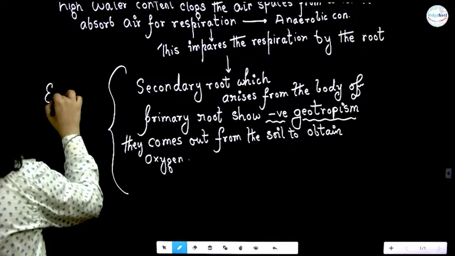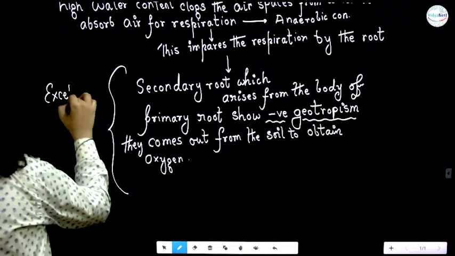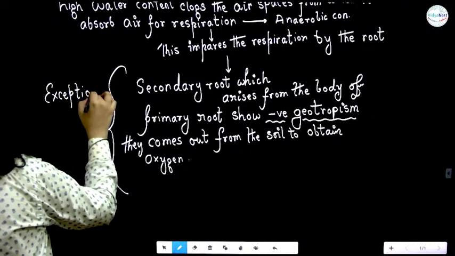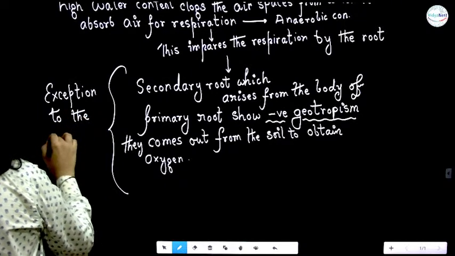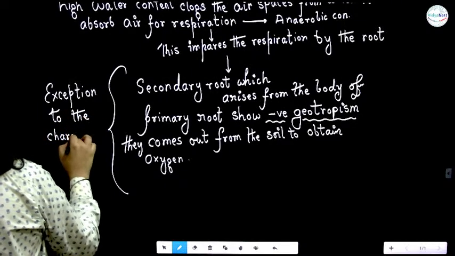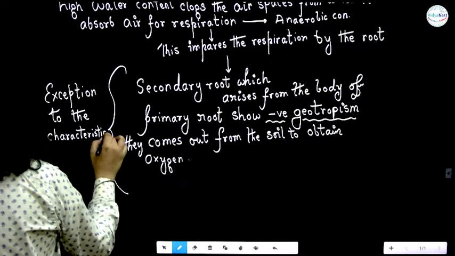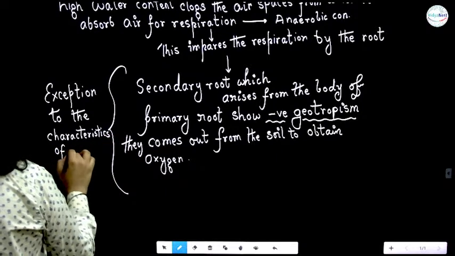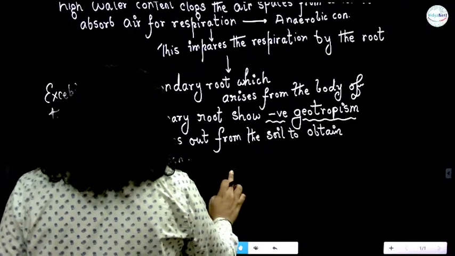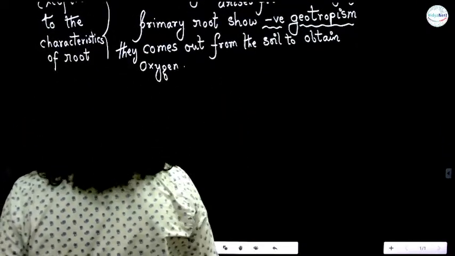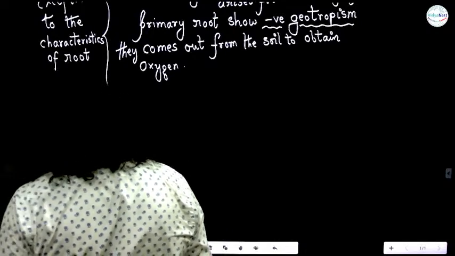So I can write over here, this is an exception to the characteristics. Understood up to here?